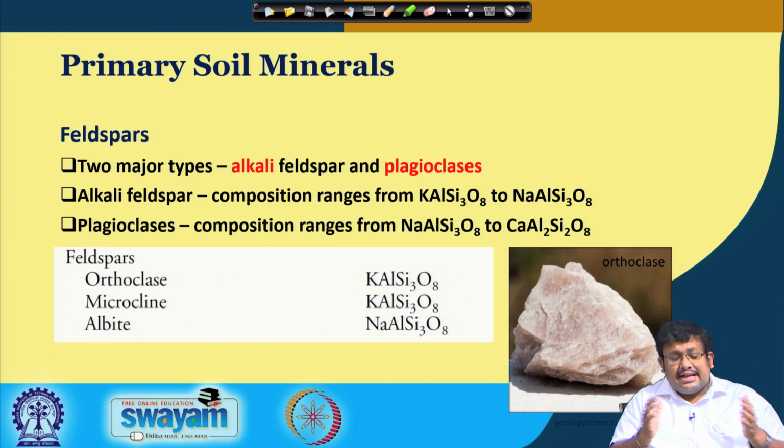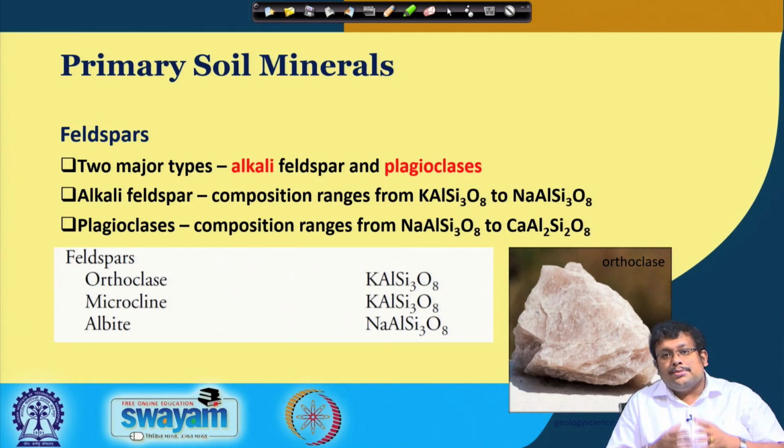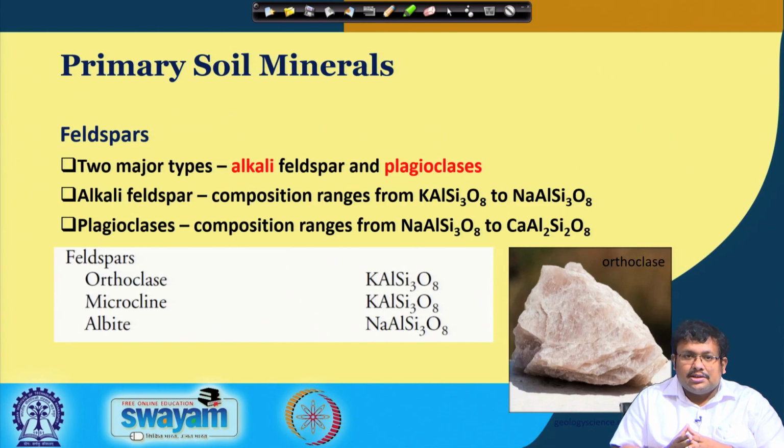So, if we see the classification of the feldspar, there are two major types. One is called the alkali feldspars, and another is plagioclase feldspars. Now, alkali feldspar composition ranges from potassium feldspar to sodium feldspars, and plagioclase feldspar composition ranges from sodium feldspar to calcium feldspars.